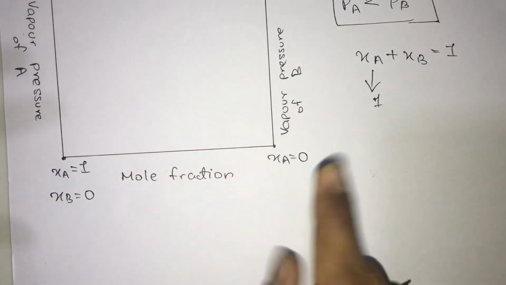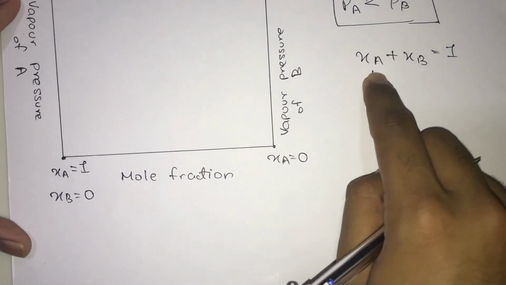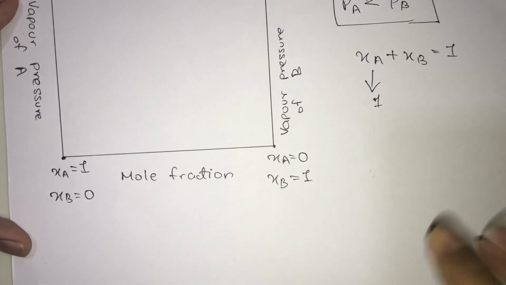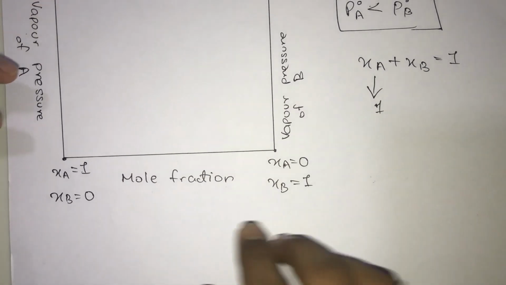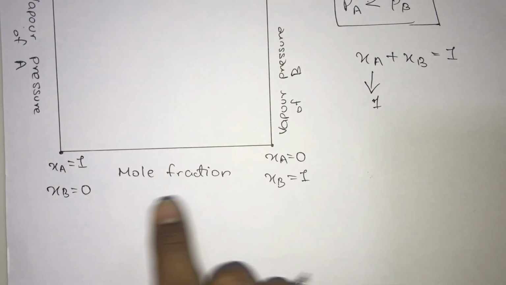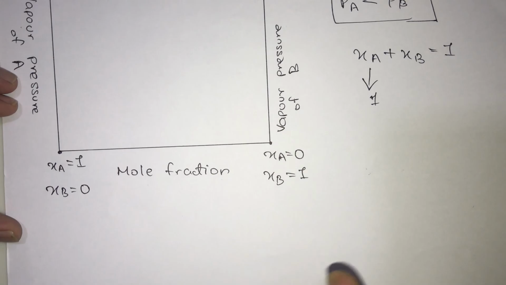Now if the value of XA is becoming 0, then by substituting the value of XA as 0, you are going to get the value of XB as 1. So guys, can I say that if you move from left to right, the value of XB is increasing from 0 to 1?